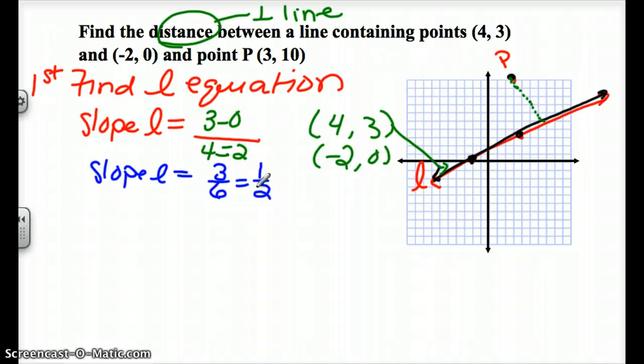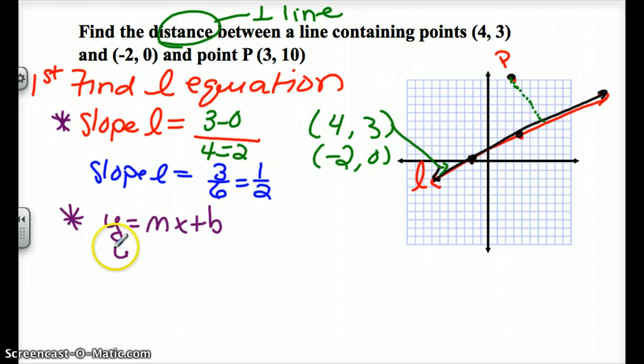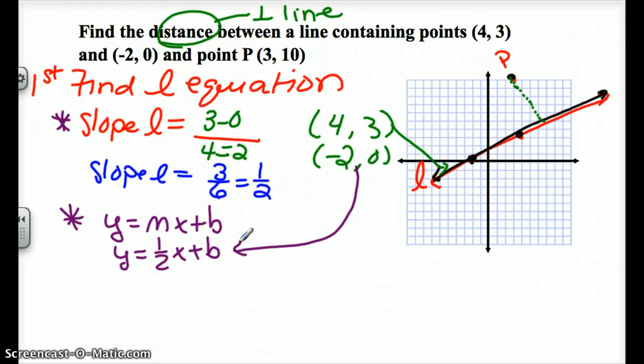I still need to find the equation. The second thing I need to do is go y equals mx plus b. Y equals, my slope is one half, x plus b. I need to find out where it crosses the y-axis, so I need to plug in one of those ordered pairs, and I am going to plug in (-2, 0).